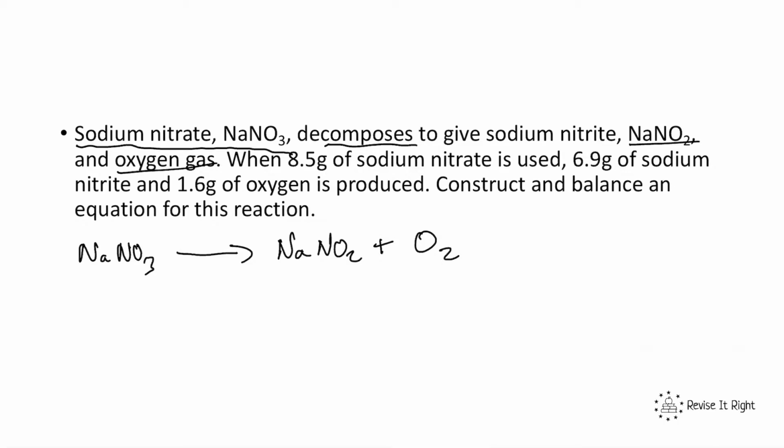Now, you could, of course, just balance it like I've taught you before, but it's not asked you to do that. It's asked you to use the masses to balance the equation, so you have to follow these steps. The first thing we need to do is write the masses of each of them underneath. Sodium nitrate has a mass of 8.5 in the question, so we write that underneath.